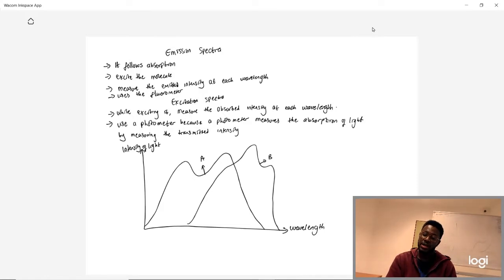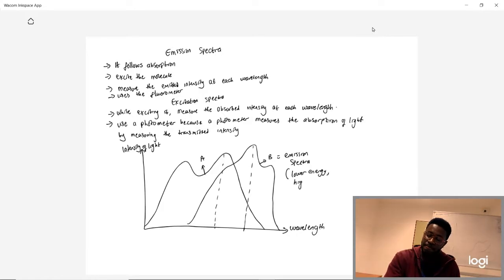Emission. Yes, why? Because emission spectra has lower energy, right? Remember Stokes shift. Stokes shift means that you're going to emit less energy than you absorb. So less energy means higher wavelength, right? So the wavelength is shifted towards the higher wavelength compared to the absorption. You understand? Yes. So lower energy, higher wavelength, because of Stokes shift.